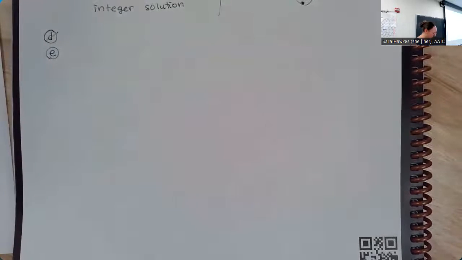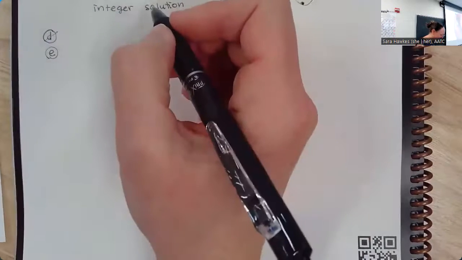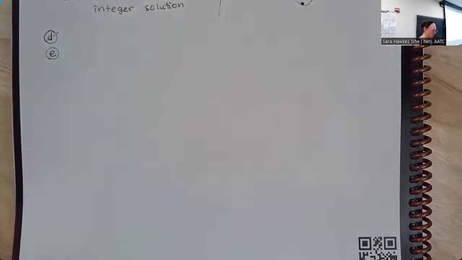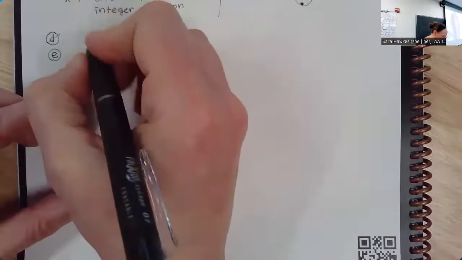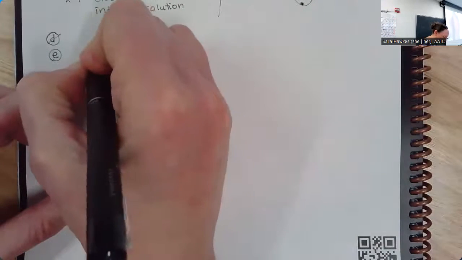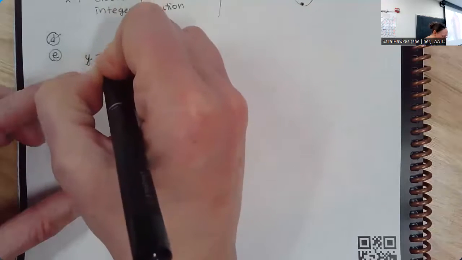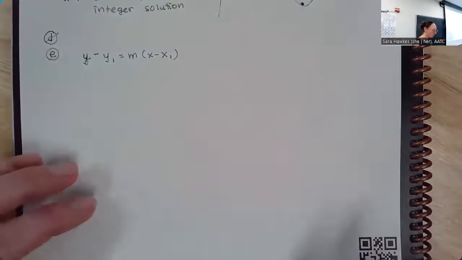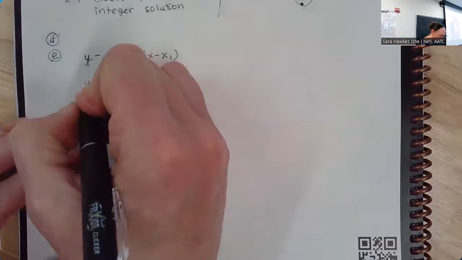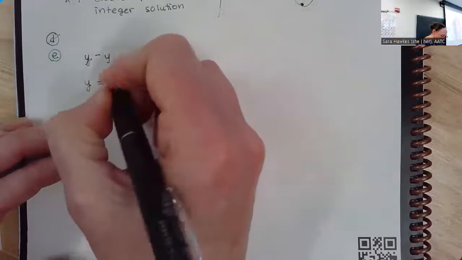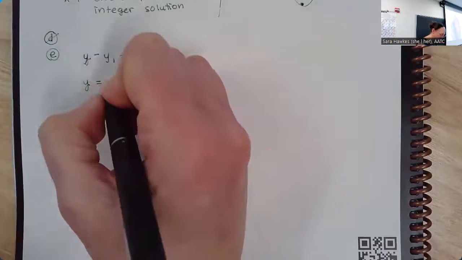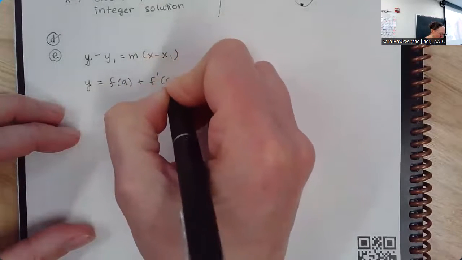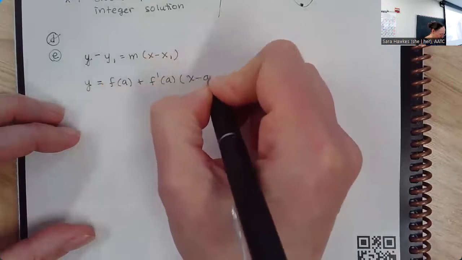So if I look at E, then that's the linear approximation at a equals 1. So I know that really the linear approximation is just coming from finding the equation of the tangent line. We just write it in its fancier form by moving that y1 over: f of a, then I'm going to find the slope by doing f prime of a, and then I'm going to have x minus a.